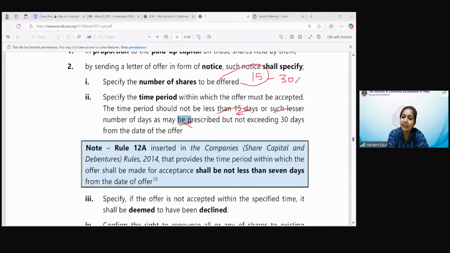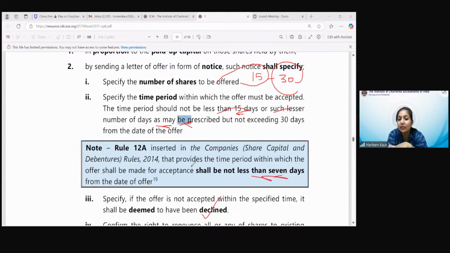And after a maximum of 30 days, what happens? Offers deemed to be declined. Okay, if not accepted within the time, it will decline. But law says 15 days or such lesser number of days. So here there are lesser number of days. So as per Rule 12A, it was inserted that the time period within which the offer shall be made shall not be less than 7 days. So from time to time, this time can change.